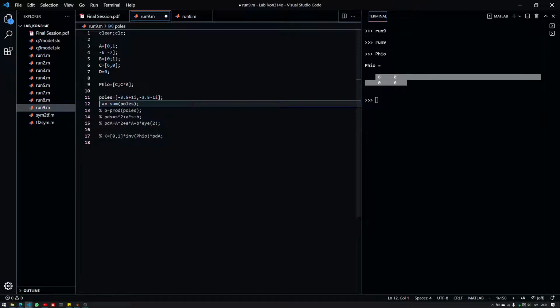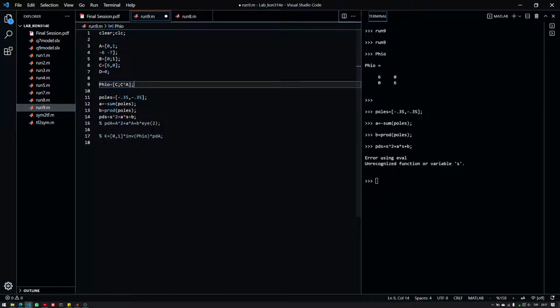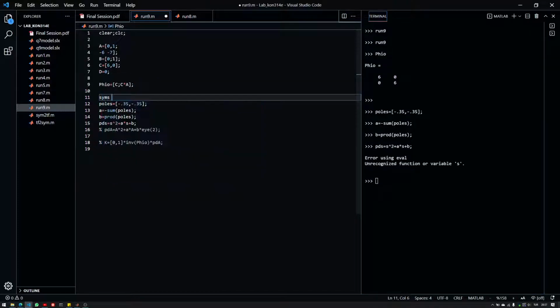Now let's have the poles here, but since we want to have faster ones, let's have 0.35, and no imaginary part. You can have imaginary parts, but usually we don't use imaginary parts here. We need the symbolic s, of course.